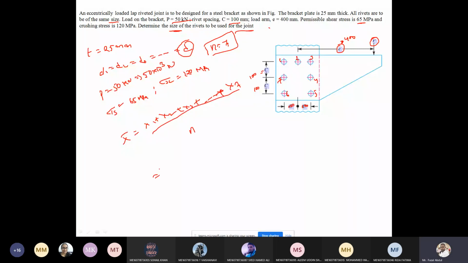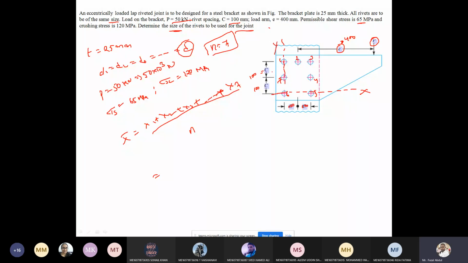So what are the distances? Here this is the reference line as x, and this is the reference line as y.